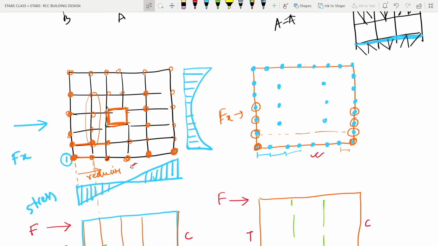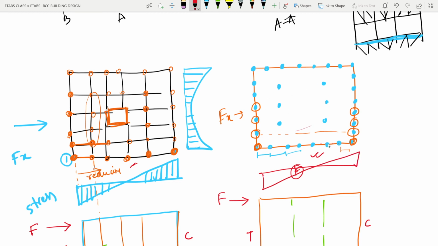Now again we are having one problem in this particular system. What is the problem with this system? Here also, if you see these columns, the stress distribution diagram is something like this only, though we do not have an internal column.